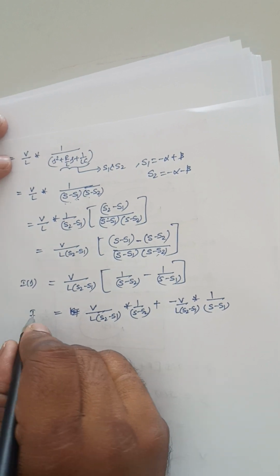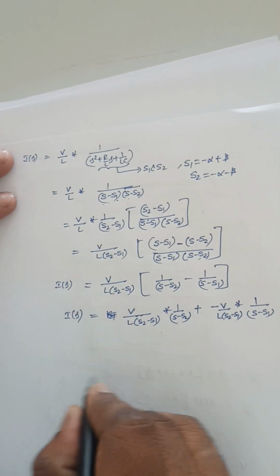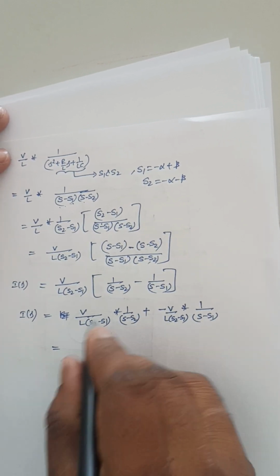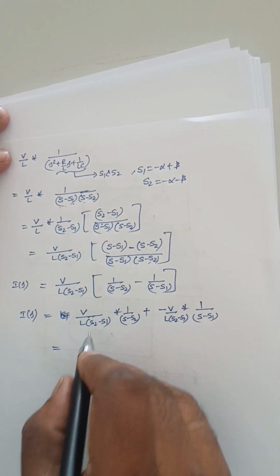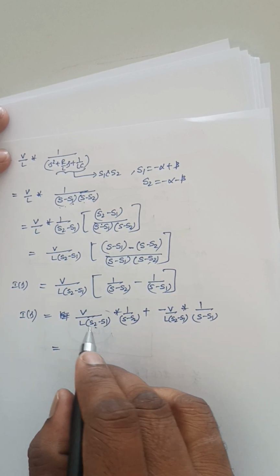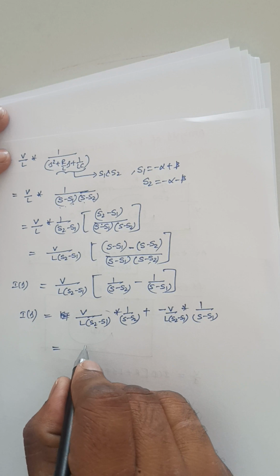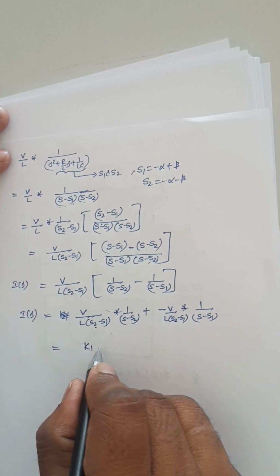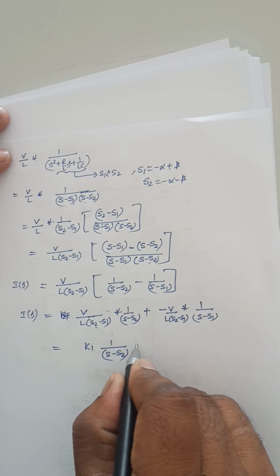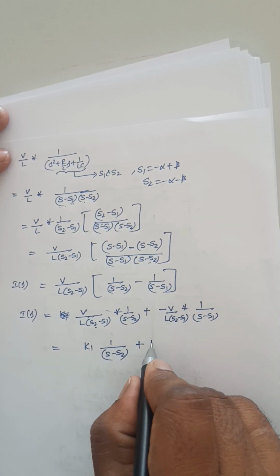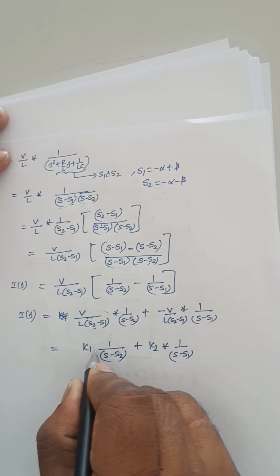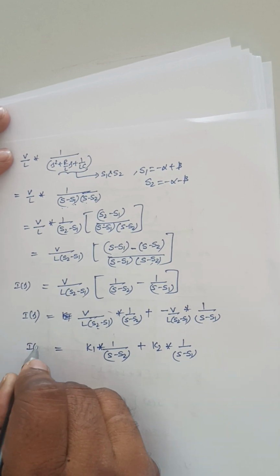So that is I of s. Here s1 and s2 are the roots, so these are constants. Let us assume this constant is k1 into 1 by (s minus s2), and this is also a constant, k2 into 1 by (s minus s1). So it is I of s.